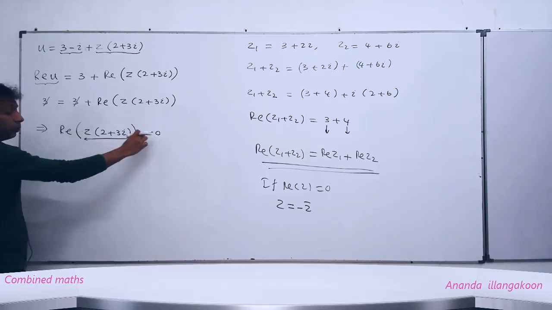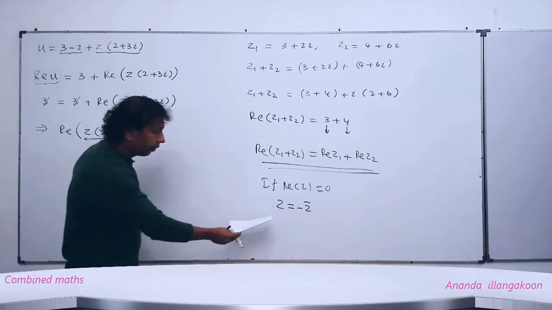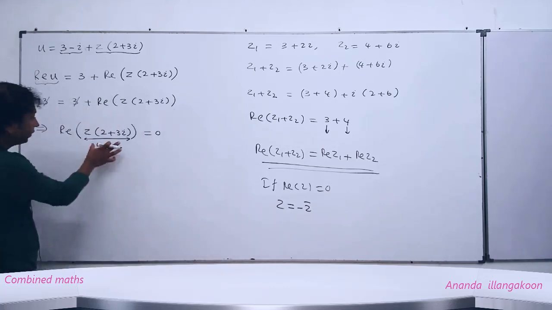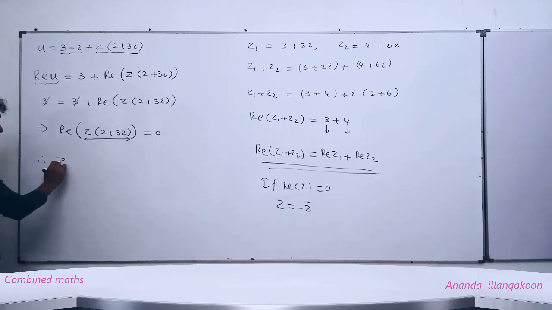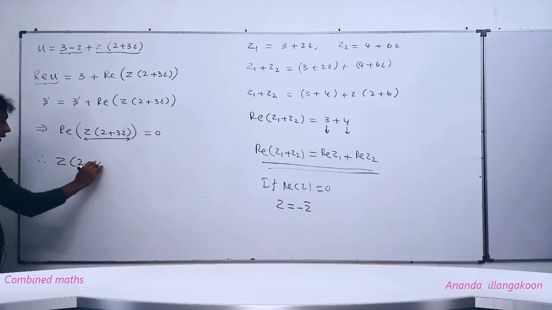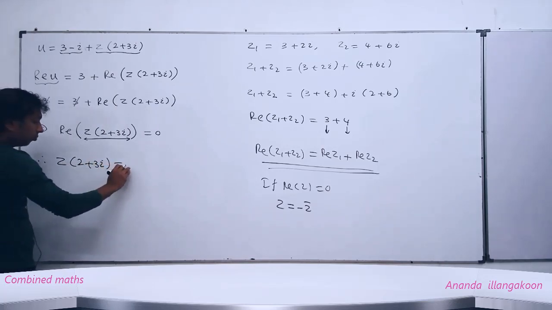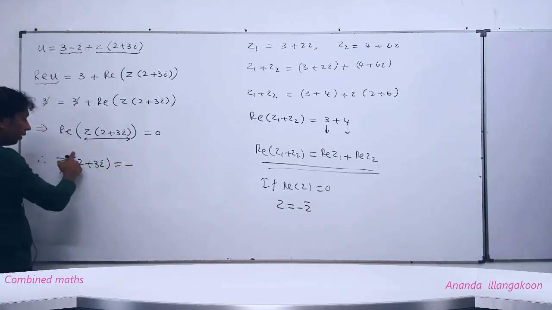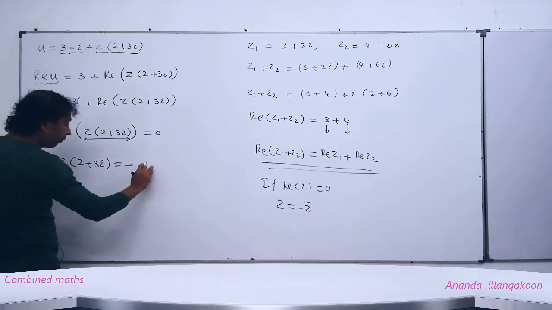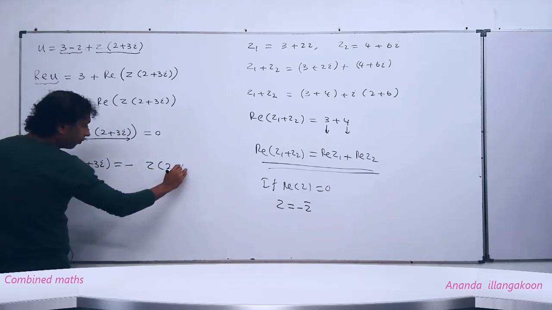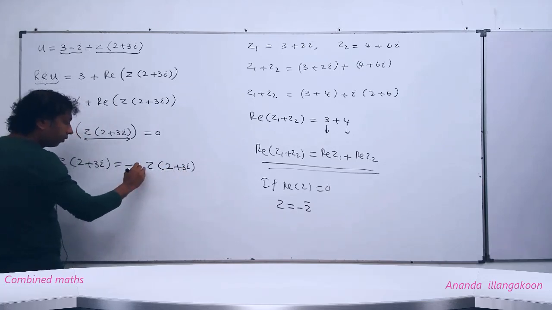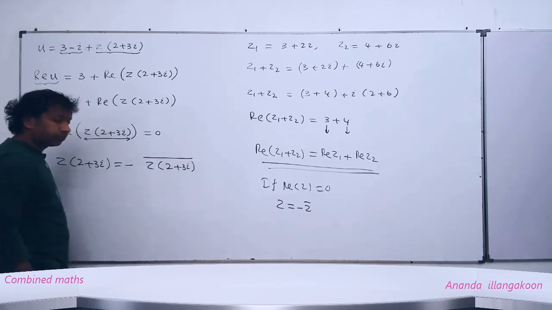Its real part is 0. Therefore, this relation I can write. What is the relation? This complex number, therefore, Z times (2 plus 3I) is equal to minus the conjugate of the same thing.